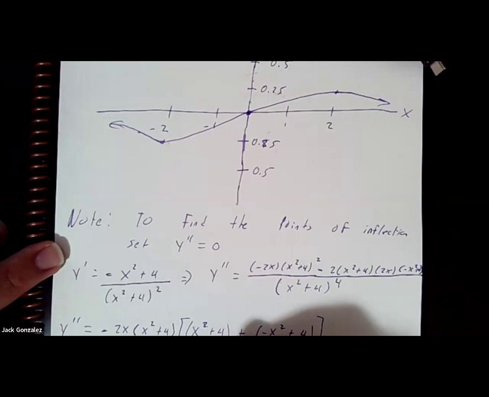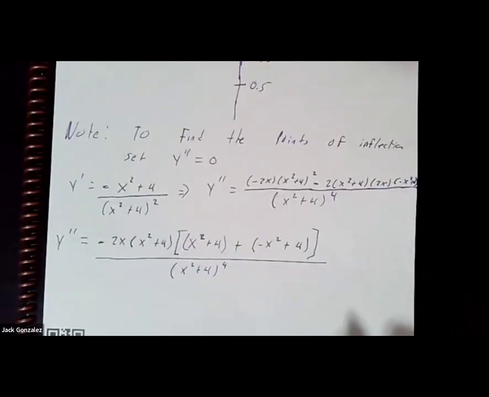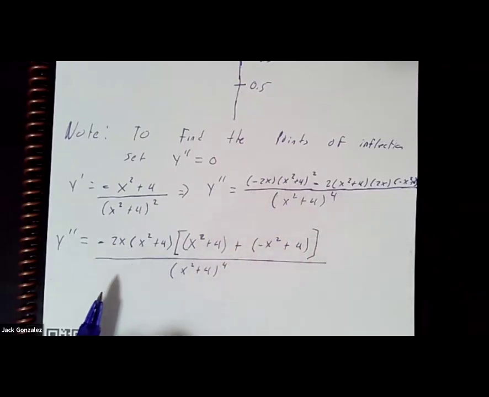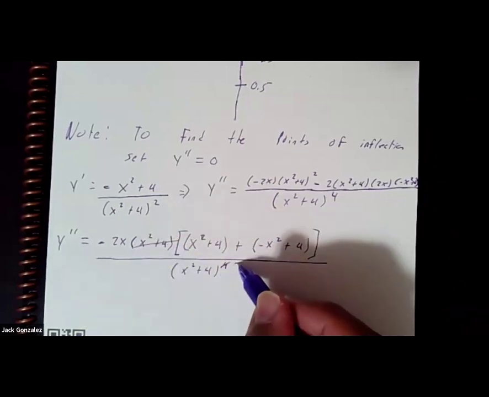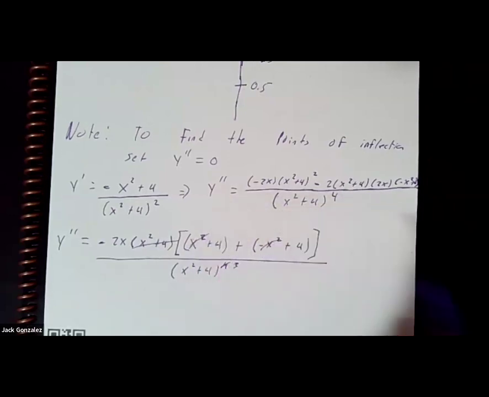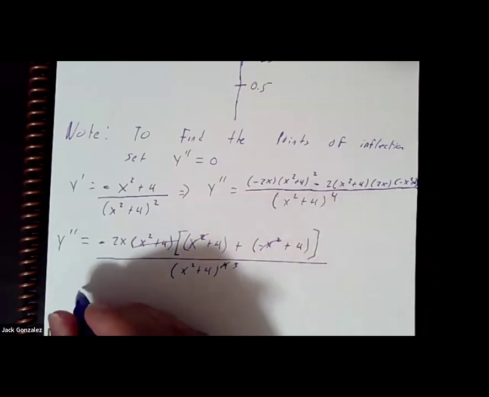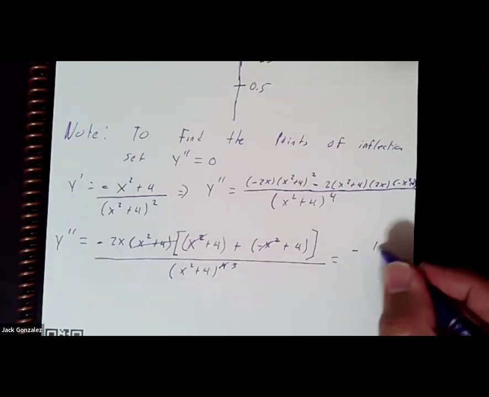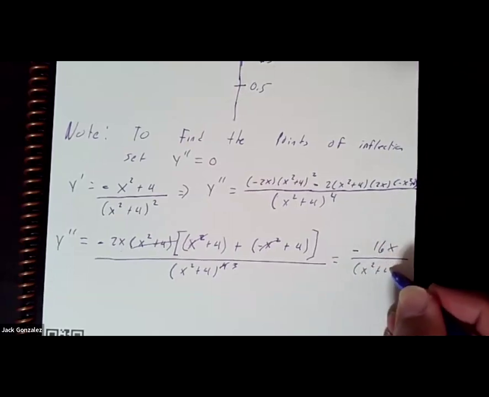You can see why I did the first derivative on the side instead of doing it during this example, because it takes time. This will cancel one of those. This will combine. These will cancel. I'll have 8 times 2. That'll be negative 16x over x squared plus 4 cubed.